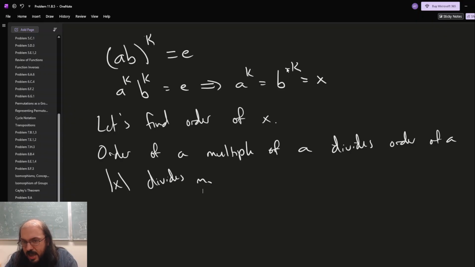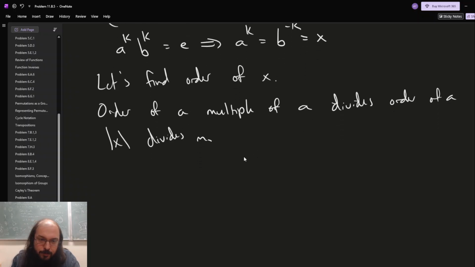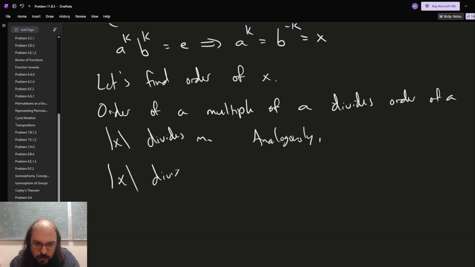The inverse has the same order as the original element itself. So, analogously, the order of X also divides N. But M and N are relatively prime.